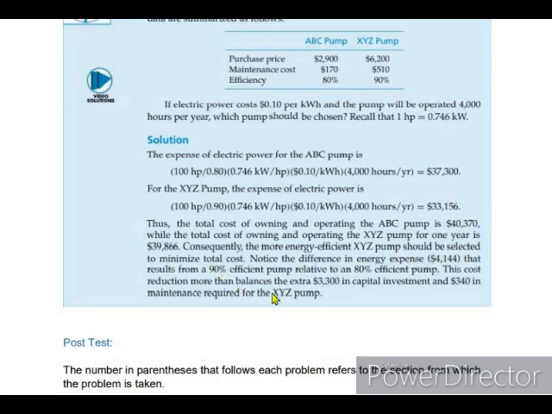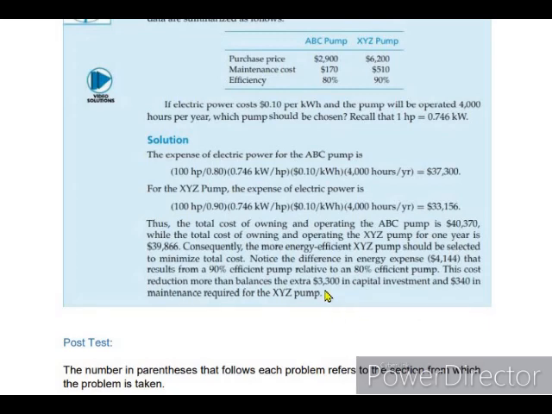To minimize the total cost, notice the difference in energy expense is $4,144. How do we get this 4,144? We just get the difference between 33,156, which is the XYZ pump, and 37,300, because the XYZ pump has a 90% efficiency while the ABC has only 80% efficiency. This cost reduction more than balances the extra $3,300 in capital investment.